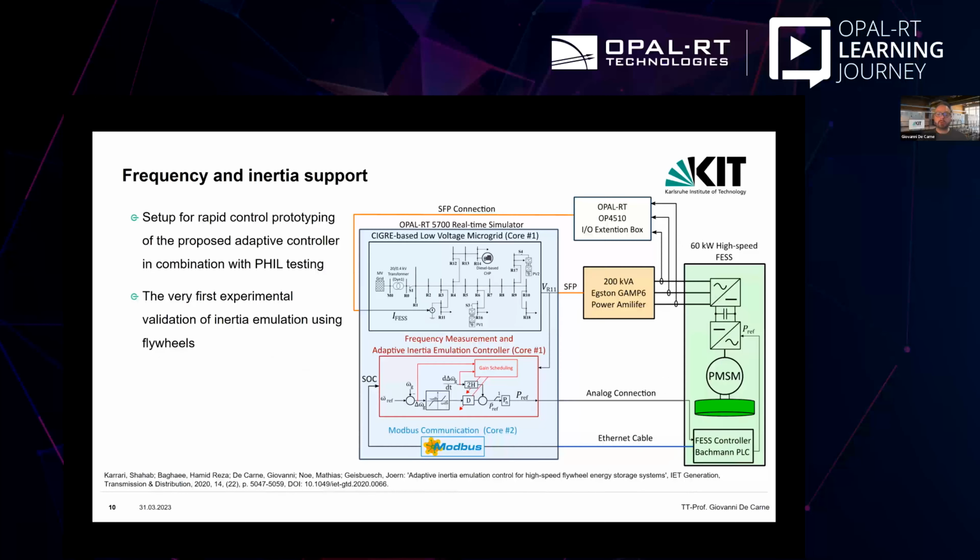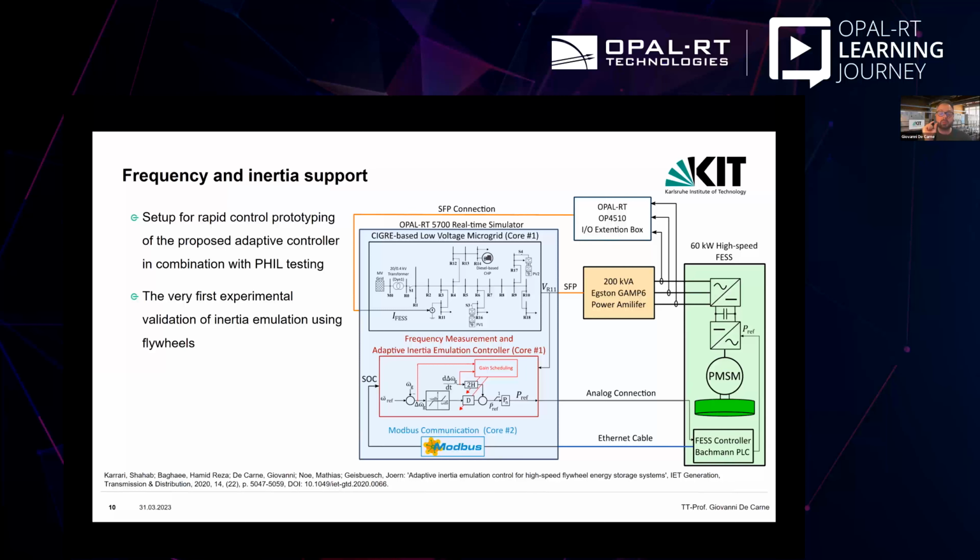In particular, we took our system and developed an adaptive inertia emulation controller. This controller was implemented in Simulink, and then in OPAL-RT, and we received some information from the Ethernet cable connected to the flywheel, in this case the state of charge and the speed, and we were sending out a communication signal from OPAL by means of an analog connection.